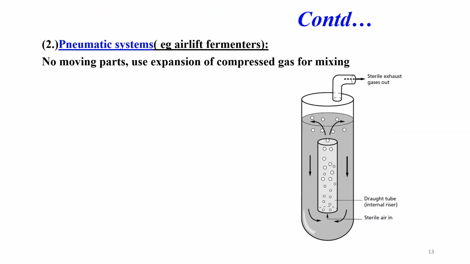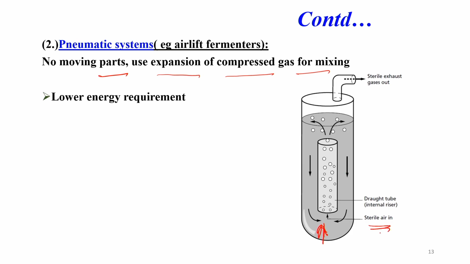The other system is this pneumatic system. It is very similar to the airlift bioreactor. It does not have any moving part. It uses the expansion of the compressed gas. You just see the sterile compressed gas is entering here, and once it is entering, the gas will go upward, and because of the change in density, it will recirculate on its own.